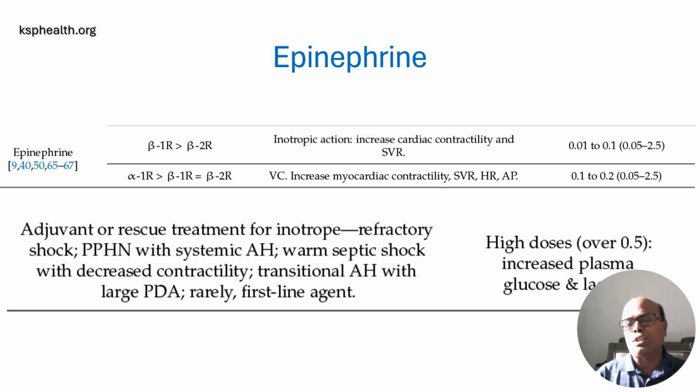When the dose exceeds 0.1 mcg/kg/min, the action will be predominantly alpha effects, that means it will increase systemic vascular resistance. Also one should remember higher doses are associated with increased plasma glucose and increased plasma lactate.